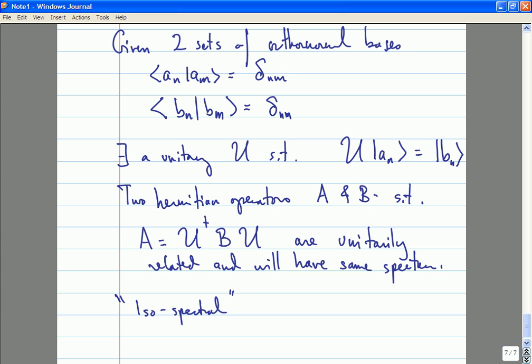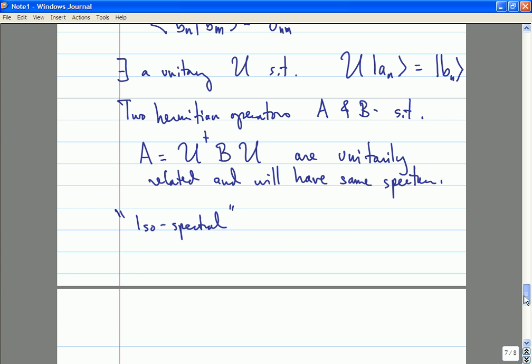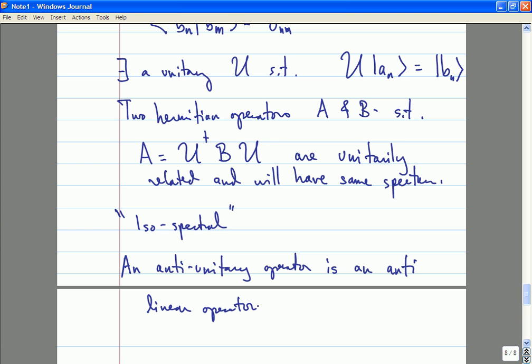Likewise, one can define the notion of an anti-unitary operator. An anti-unitary operator is an antilinear operator which has the following property.